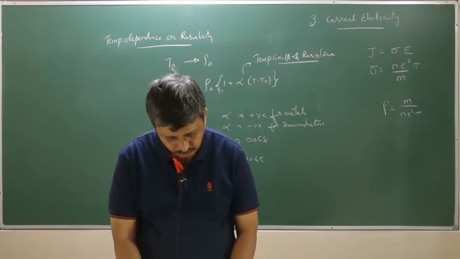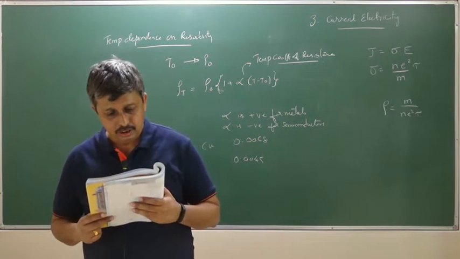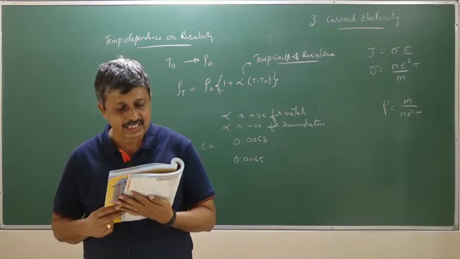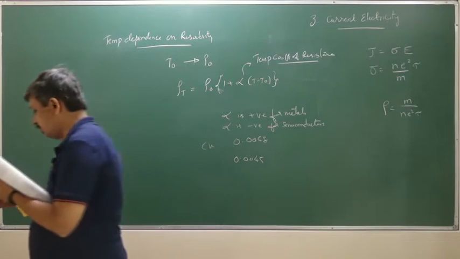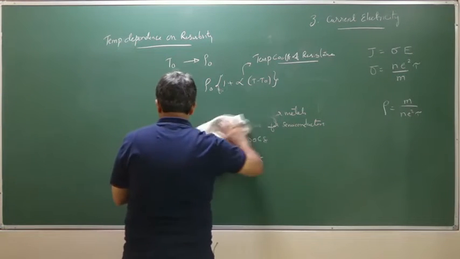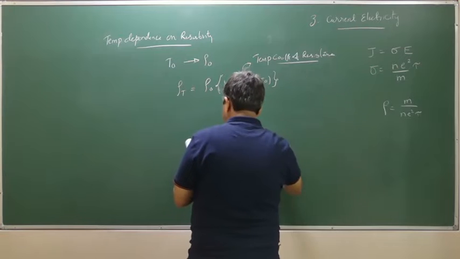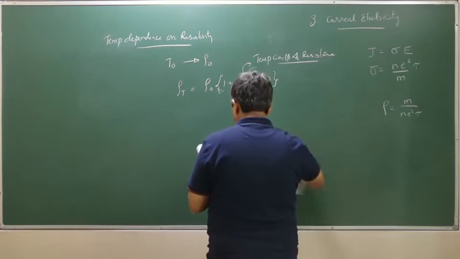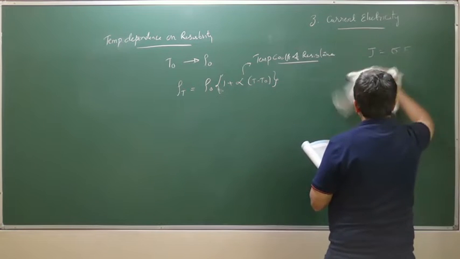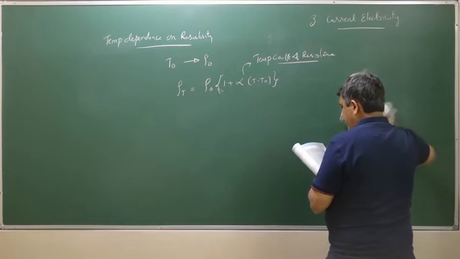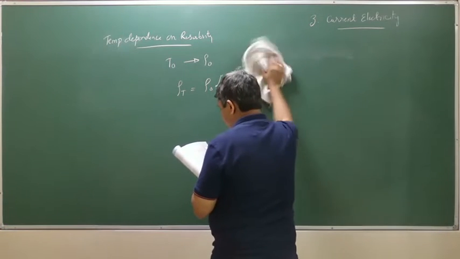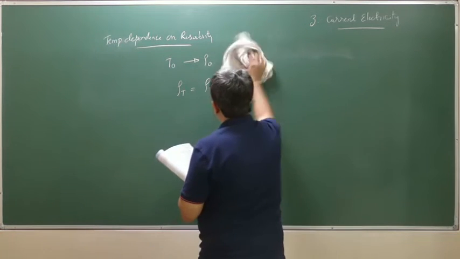So take down: an electric toaster uses nichrome for its heating element. When a negligibly small current passes through it, its resistance at room temperature, that is 27 degrees centigrade, is found to be 75.3 ohms.